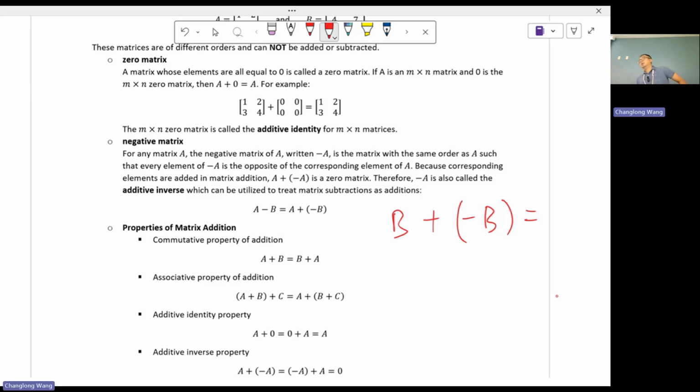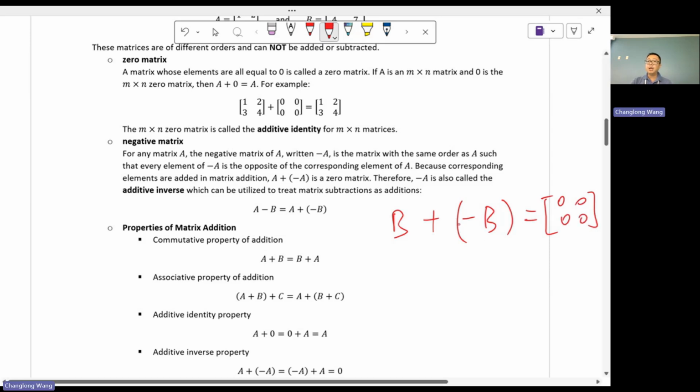These two matrices add up to a 0 matrix, right? That means if B is 2 by 2, so 2 rows, 2 columns, they add up to a 2 by 2 zero matrix. Does it make sense?